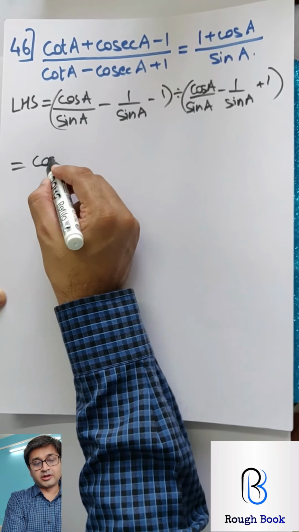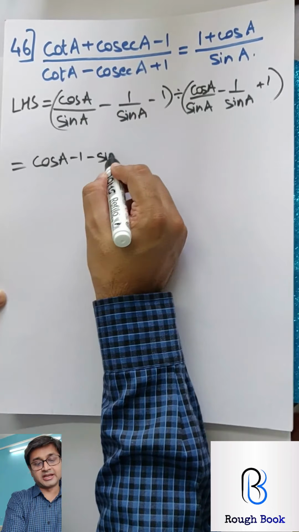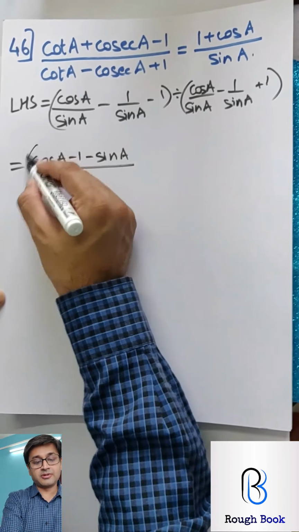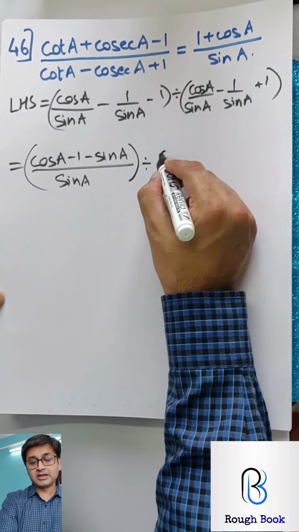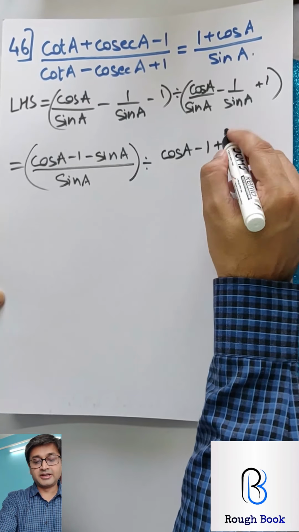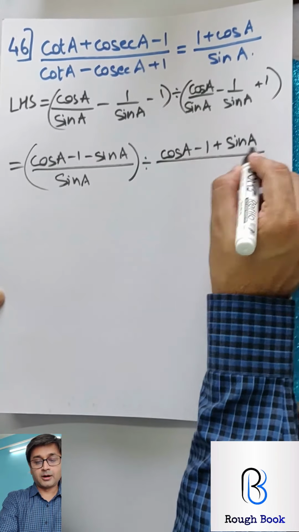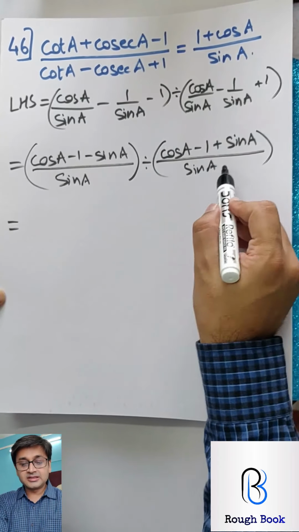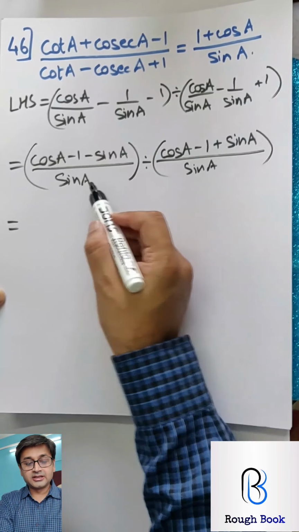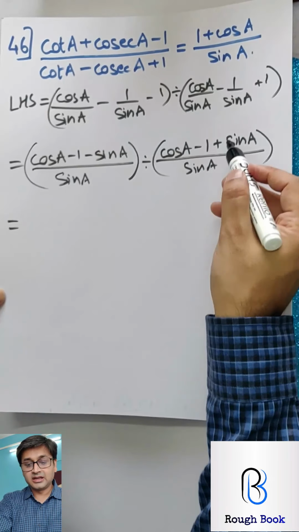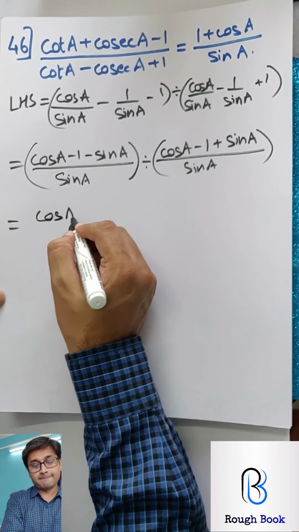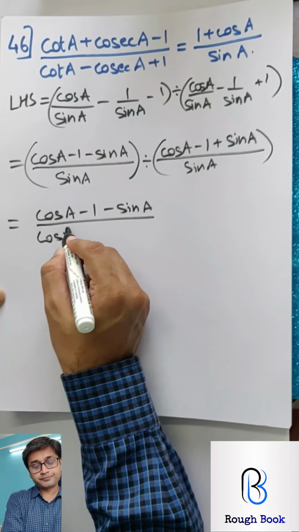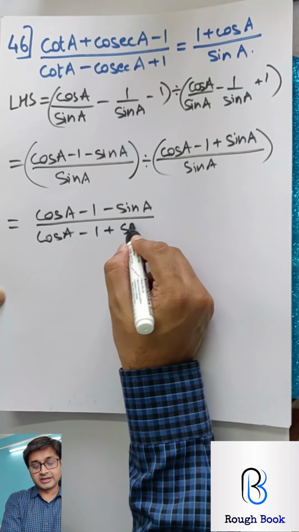Take the LCM here, so I will get cos A minus 1 minus sine A upon sine A. Yeah, LCM, so multiplying each thing by sine A. Likewise, take the LCM here, so cos A minus 1 plus sine A upon sine A. Now, when I multiply this, there will be a reciprocal. So on taking the reciprocal, sine A will get cancelled and this will come down. I'm skipping one step and directly reaching over here, upon cos A minus 1 plus sine A.